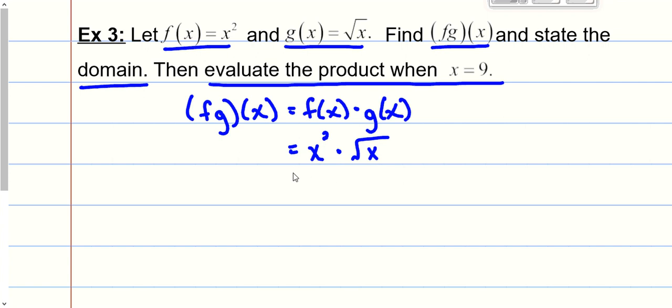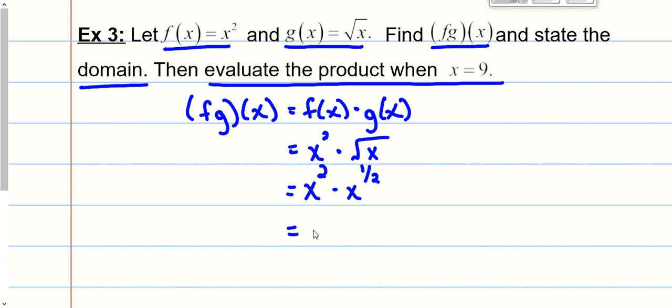So when we do that, it's hard to multiply those two things because I have one that has an exponent and one that has a square root. So let's change them both to be the same. So I'm going to change that square root, the radical, to be an exponent. So now I've got x squared times x to the 1/2, because a 1/2 power is the same as a square root.